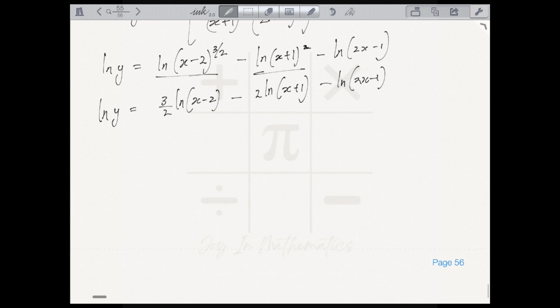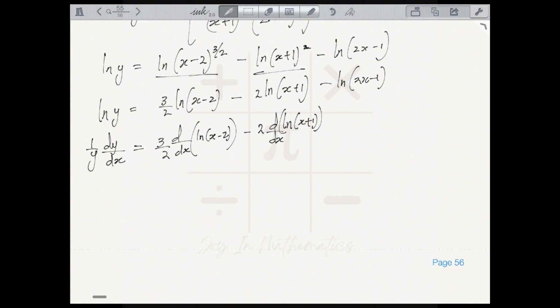Now with this done, we can now differentiate both sides. Differentiating ln y, we have 1 over y dy dx, and differentiating 3 over 2, we have d dx of ln x minus 2 minus 2 multiplied by d dx of ln x plus 1 minus d dx of ln 2x minus 1.